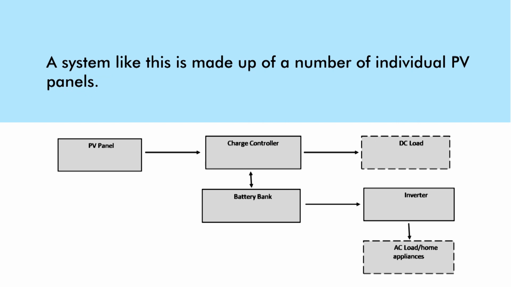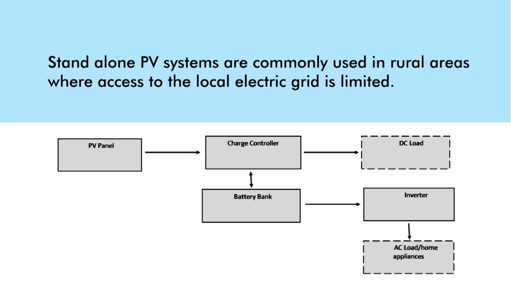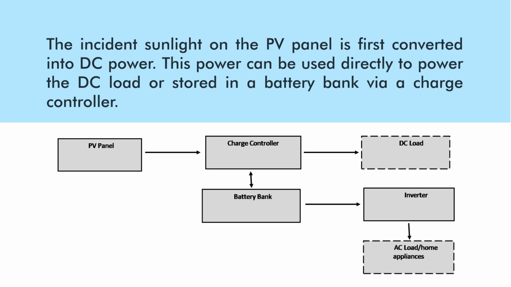This figure shows the main components of the standalone PV system, like PV panel, charge controller, battery bank and inverter, which are part of this standalone PV system. Standalone PV systems are commonly used in rural areas where access to the local electric grid is limited. The incident sunlight on the PV panel is first converted into DC power.